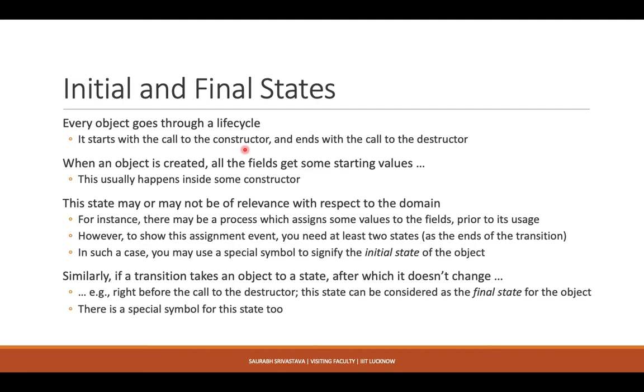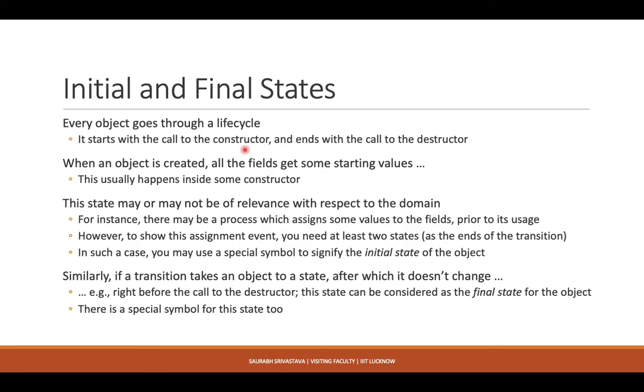But the idea is that the life of an object starts when the constructor is called, and similarly the life of the object ends when the destructor is called. The destructor is called right before the object dies, and the constructor is called right after the object has been created.